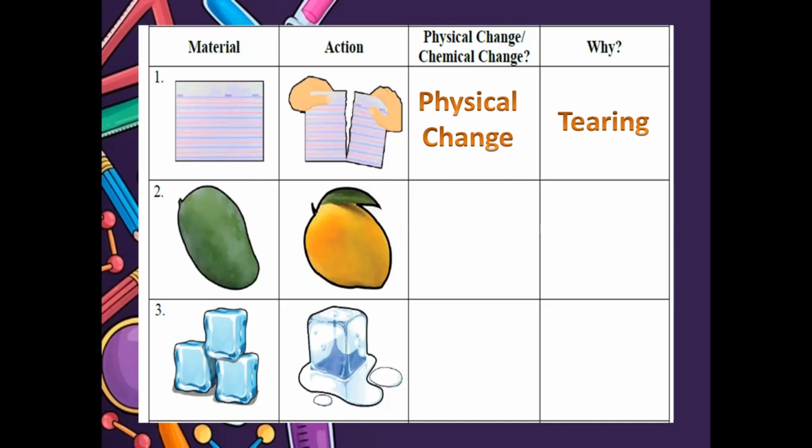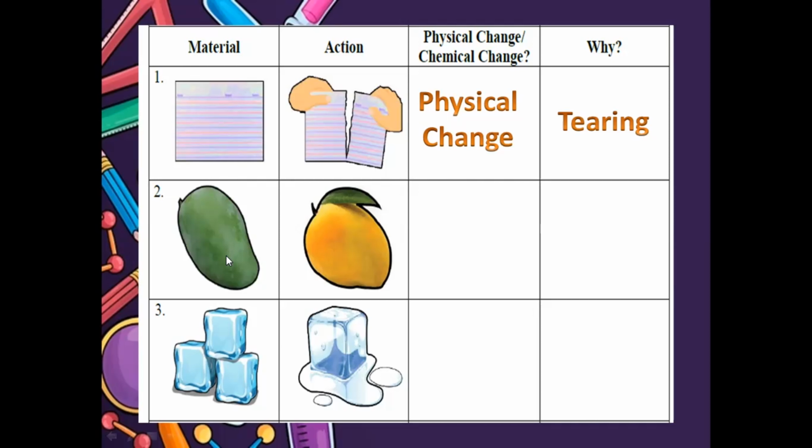Pag pinunit natin yung papel, nababago ba siya? Hindi. Hindi nagbabago yung kanyang composition. So no matter how tiny yung pagkakapunit mo sa papel, hindi magbabago yung kanyang composition. Papel pa rin siya.